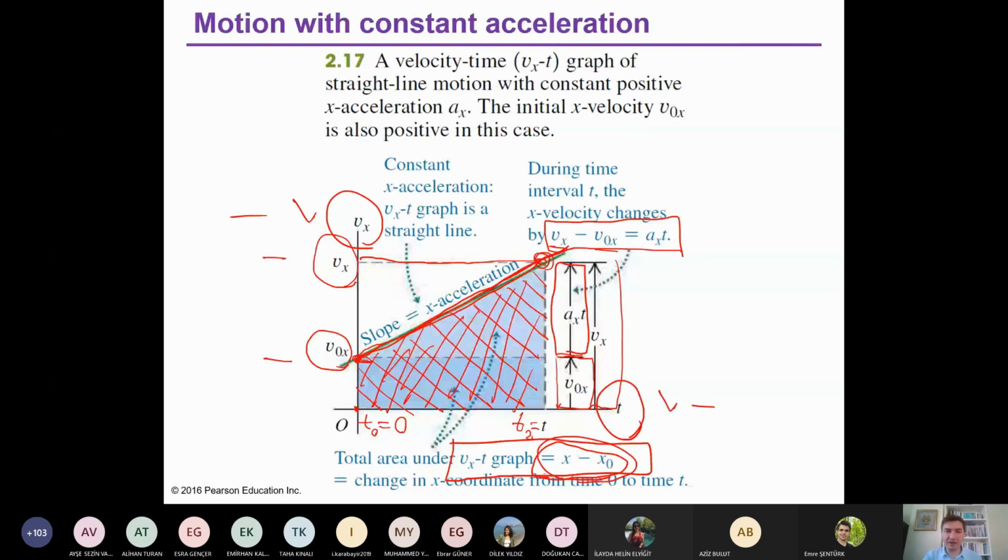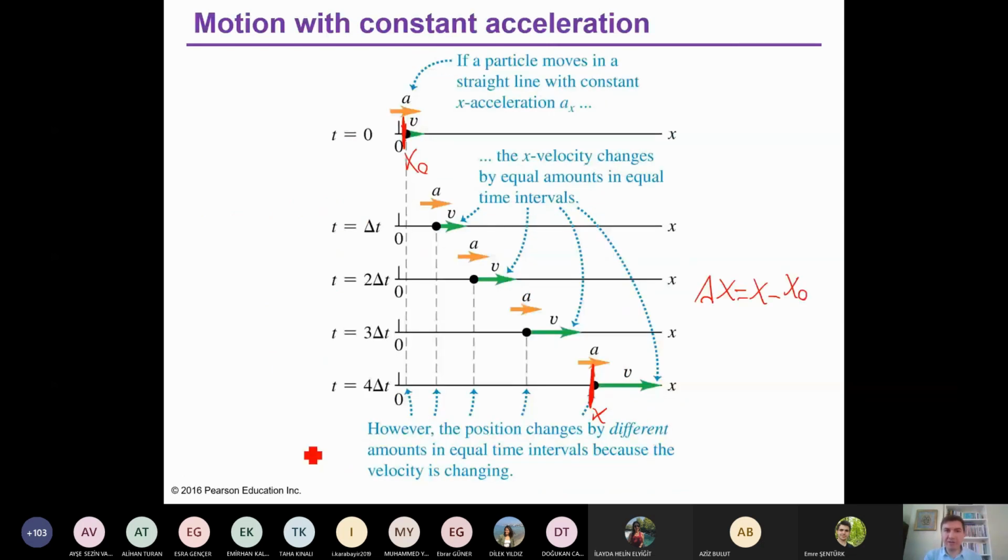So now let me come back here. Here we have velocity. Here we have increased velocity. Here we have more increased velocity. So velocity increases, but velocity changes by equal amounts. Okay, so let's consider that at the beginning it is 1 meter per second, then here 2 meter per second, 3 meter per second.